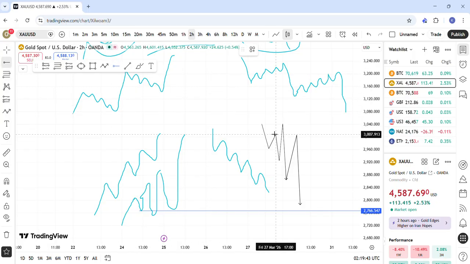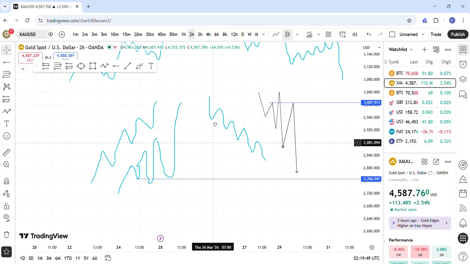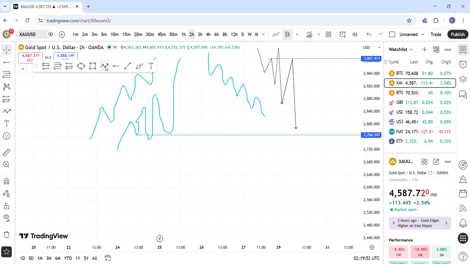This is just the first model of the advanced market structure. Let me draw it out very clearly. This is it.